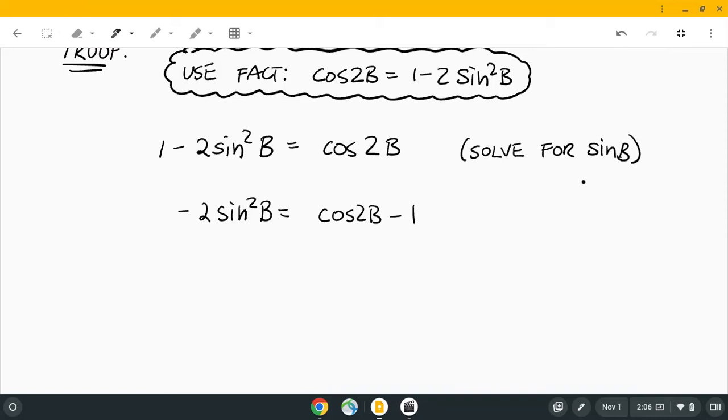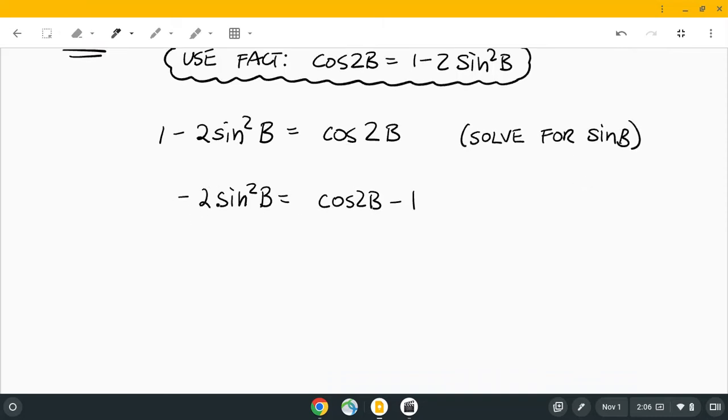Then I am going to divide both sides by negative 2. When I do that, I get sine squared b equals negative cosine 2b minus 1 over 2. I'll have 2 on the bottom, but the negative, I won't put here. I'm going to distribute the negative across the cosine 2b minus 1. So then I get positive 1 and then minus cosine 2b.